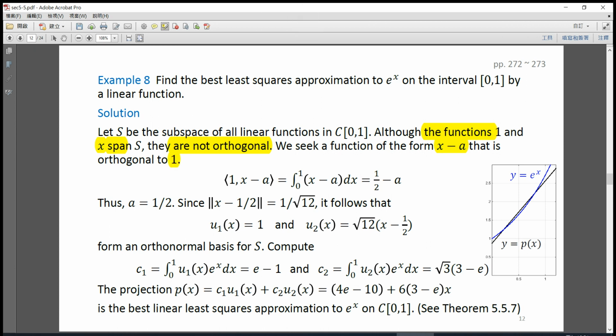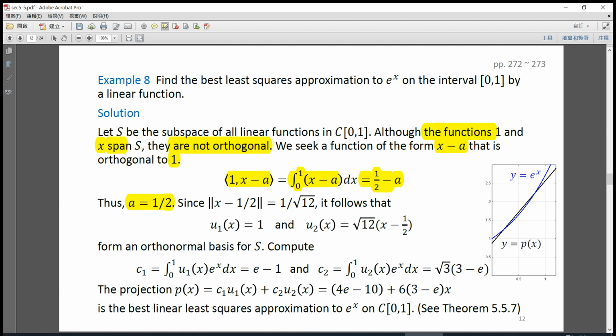We compute the inner product of 1 and x minus a, which equals the integration of x minus a from 0 to 1, and which equals 1/2 minus a. If we select a as 1/2, then the inner product will become 0, which means 1 and x minus 1/2 are orthogonal, and therefore 1 and x minus 1/2 form an orthogonal set.